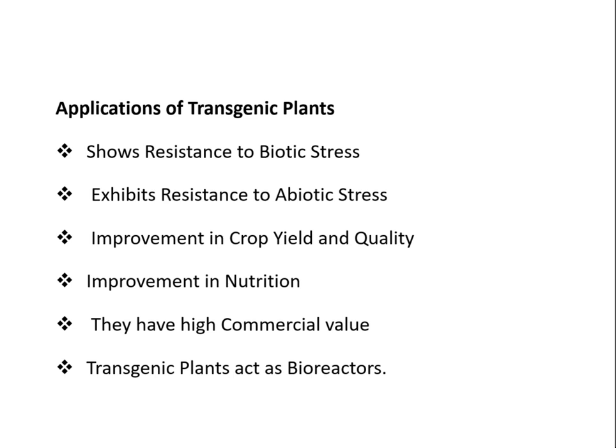With regard to the applications of transgenic plants, these plants are basically produced in order to get the following benefits. They show resistance to biotic stress and also abiotic stress, and transgenic plants have a very high yield and very high quality, and the nutrition level is also increased.